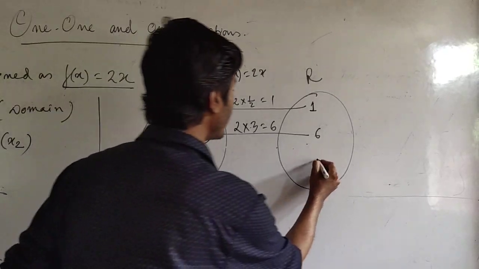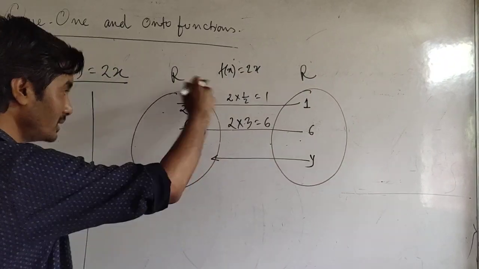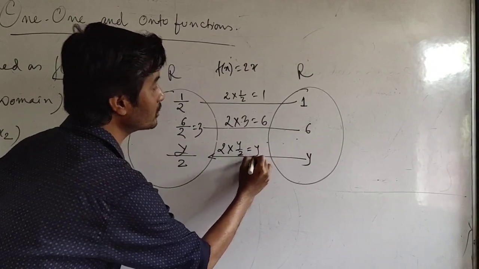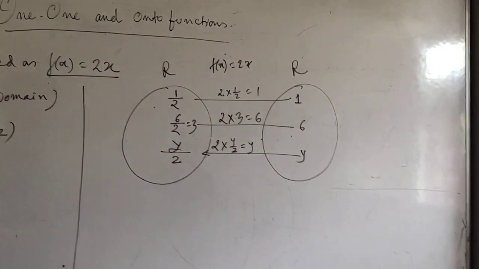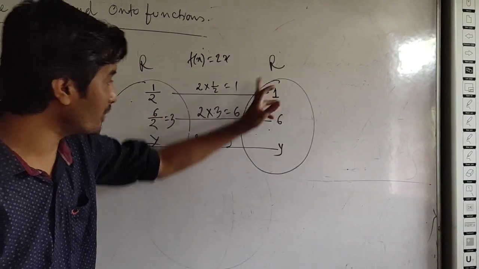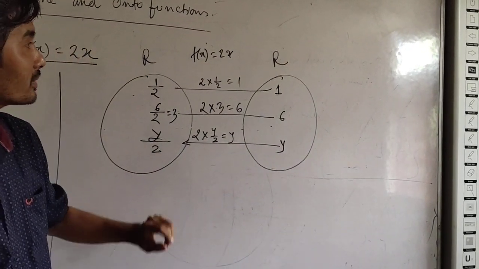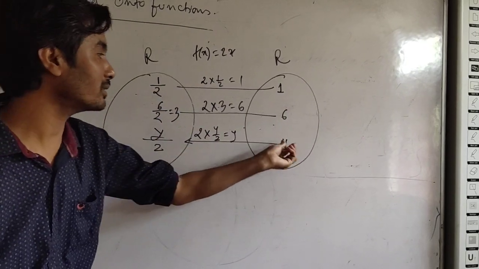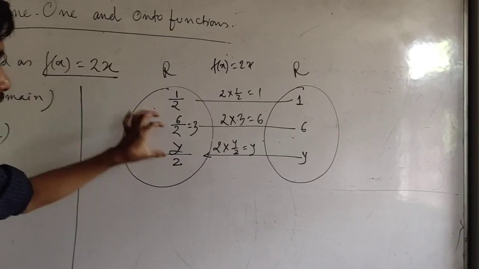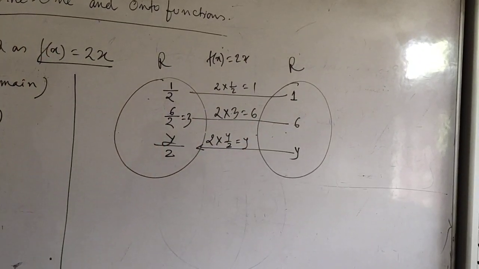If I take y here, then there will exist y by 2 in this domain, so that 2 multiplied by y by 2 is equal to y, which is the value of the image we have considered. Therefore, corresponding to every real number y from the codomain R, we get some y by 2 in the domain whose image will be equal to y. So here the function will become onto.